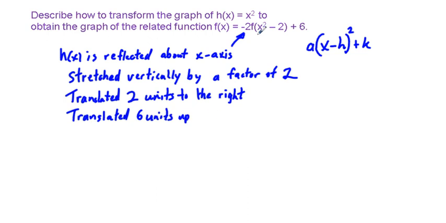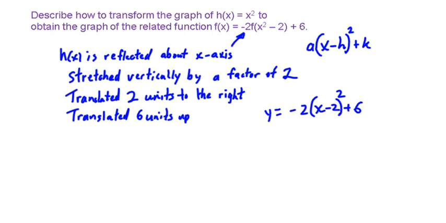And then we could do this. And it says f of x equals negative 2 times (x minus 2) squared plus 6. What that's going to look like when we graph it is this. It's going to be y equals negative 2, and we're going to put (x minus 2) quantity squared plus 6. And then you can check using the calculator.